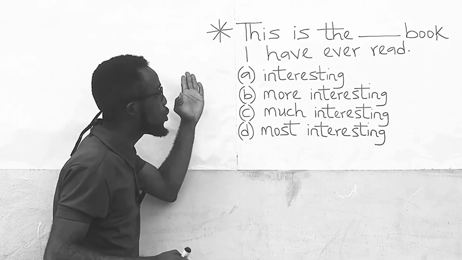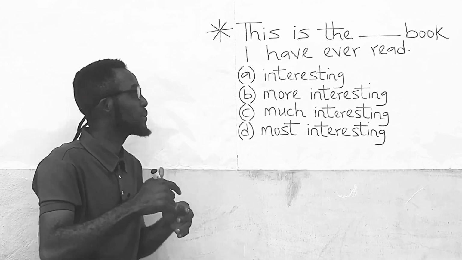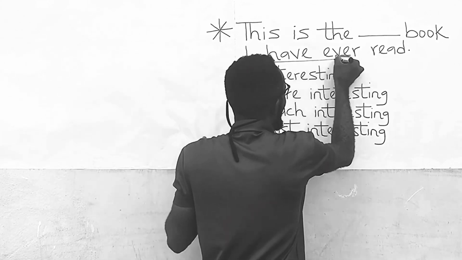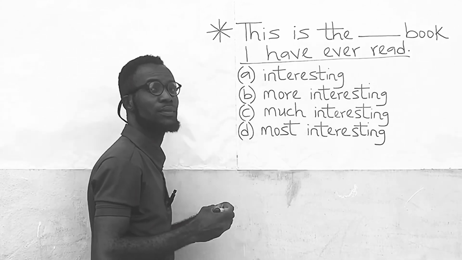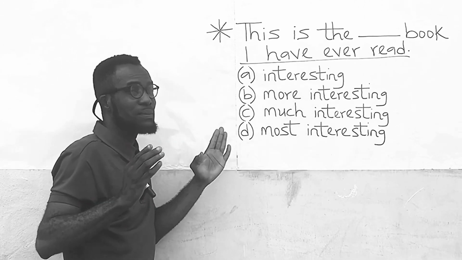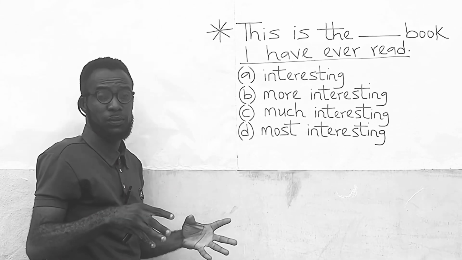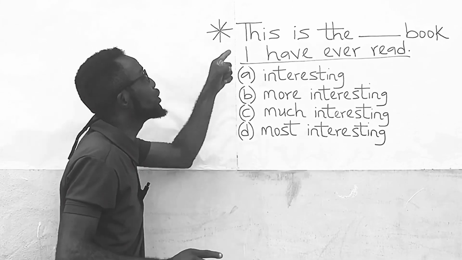If you look at the question, you will find out that it contains the phrase, I have ever read. In case you don't know, I have ever read means that you are comparing all the books you have read so far, including this one.